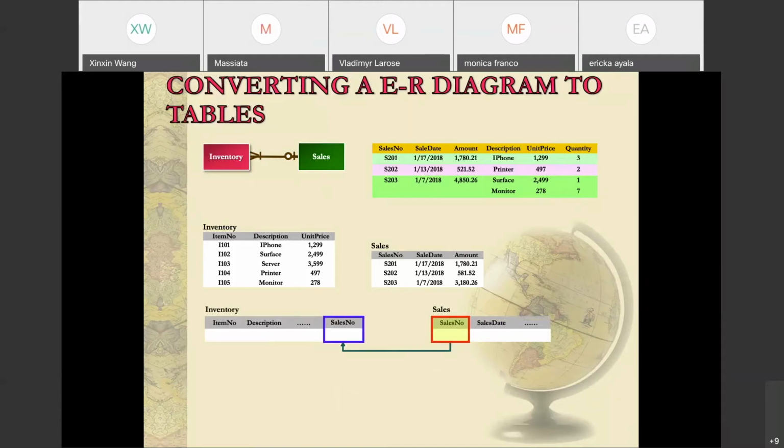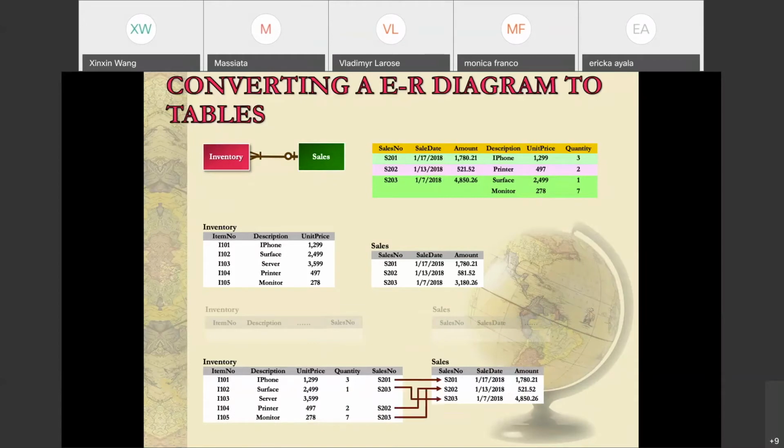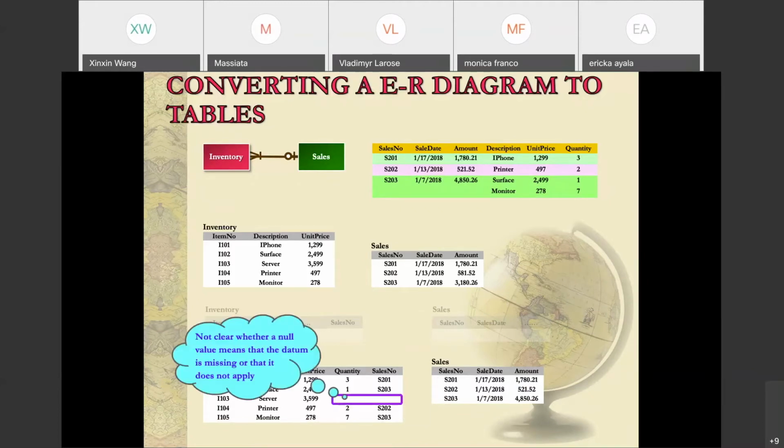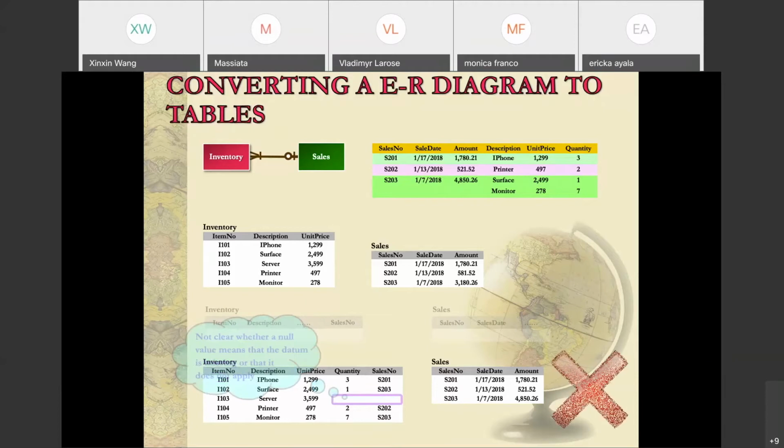If we just do inventory and sales without having the inventory sales table, then there will be unclear null values, and we cannot interpret what's going on with it, right? So that's why we treat the optional relationship as a many.